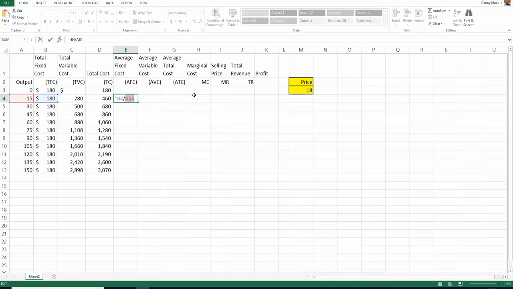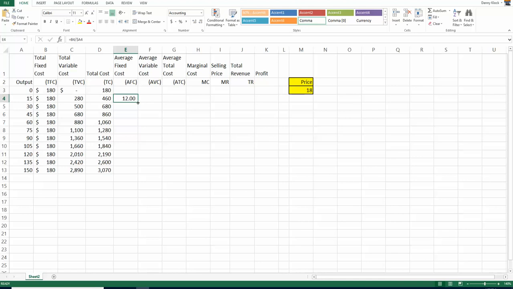Nope, not the 4. F4 there. Basically the $ in front of the A. So when I copy it down, it's going to go B5 divided by A5, because the 4 is not absolute. When I copy to the next column over to the right, it's going to go to C4 divided by $A and then 4.